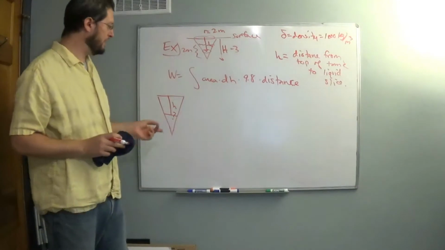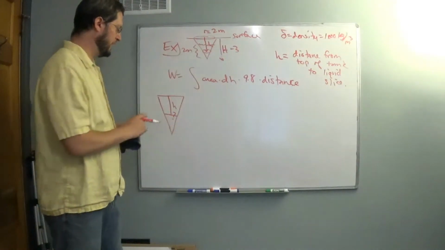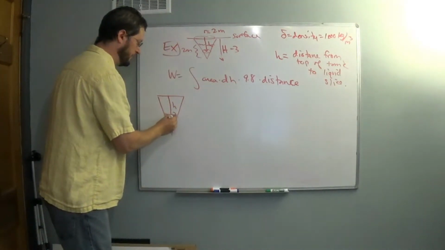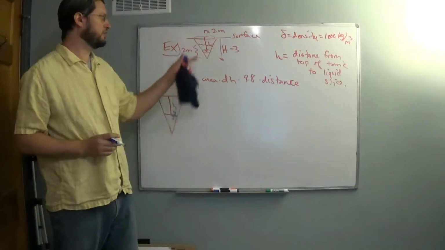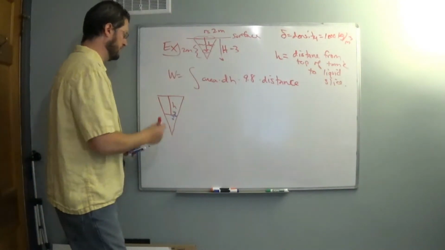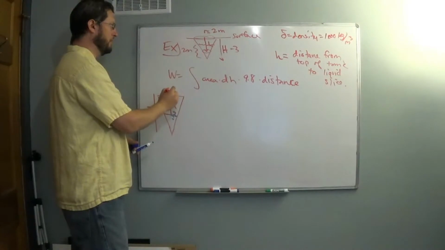Because that's the radius of my slice. That's half of this distance right here. That's the radius of the circle, h units down. So the big distance is 3, and the radius up here is 2.